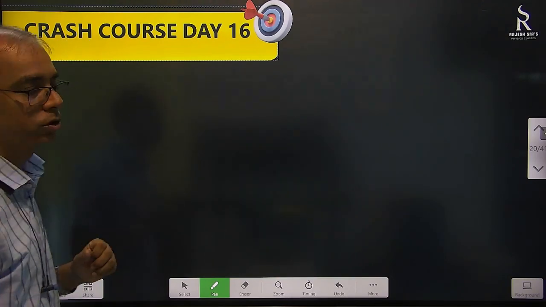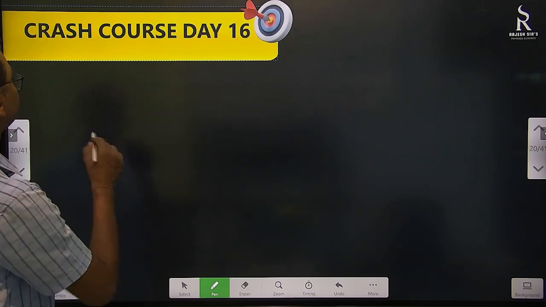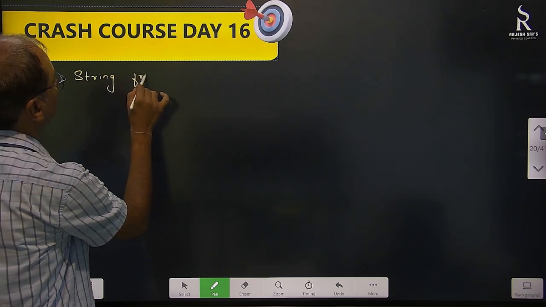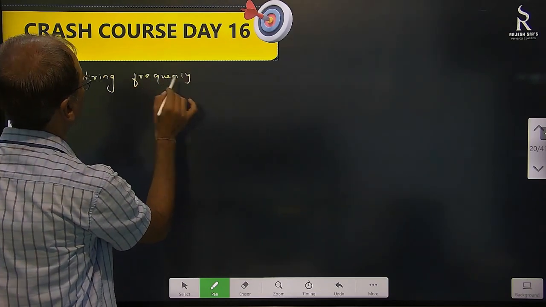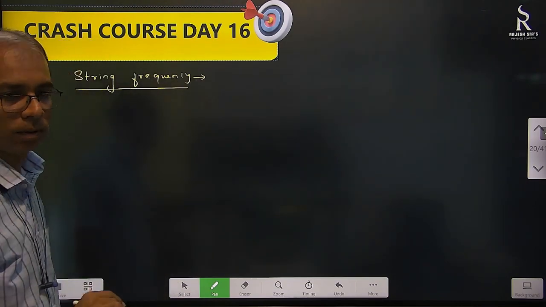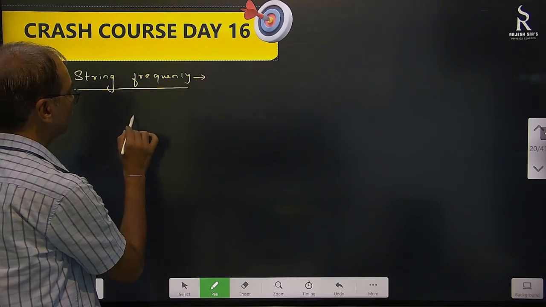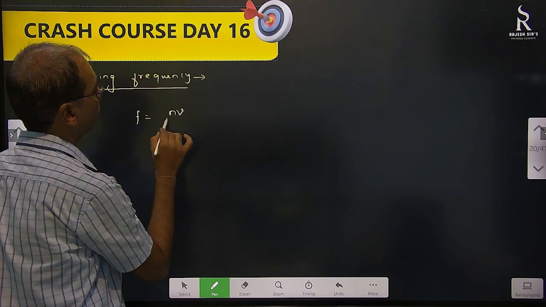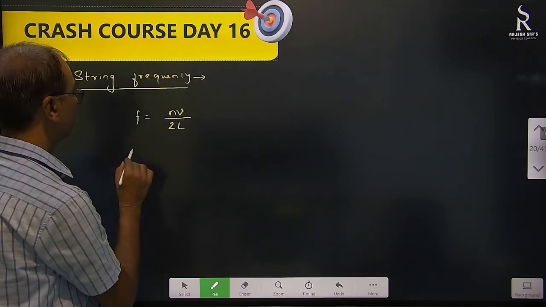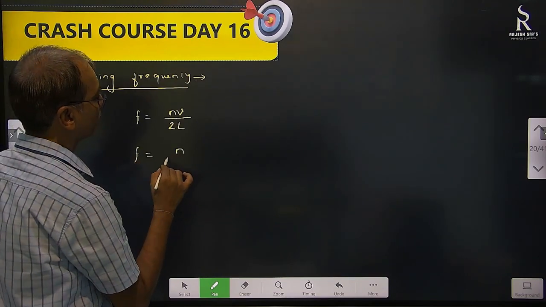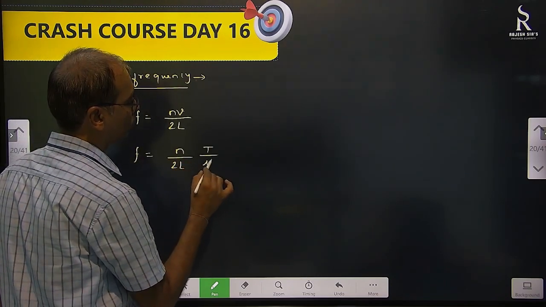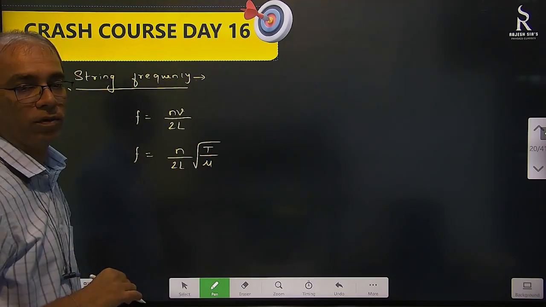And in a guitar, what is the guitar's frequency actually? That means string frequency. A guitar is an instrument played with strings. So string frequency is just like an open organ pipe: a string fixed at both ends. Its frequency is also NV by 2L, where L is the length of string and V is root over T by mu, the velocity of wave in the string.